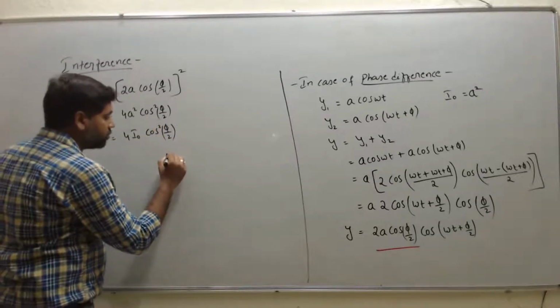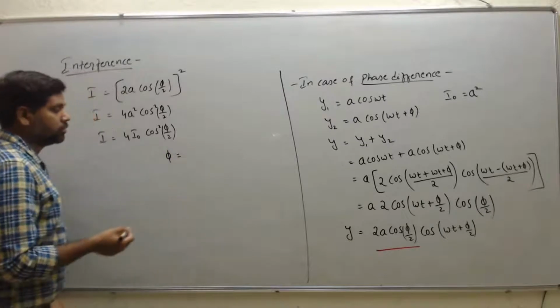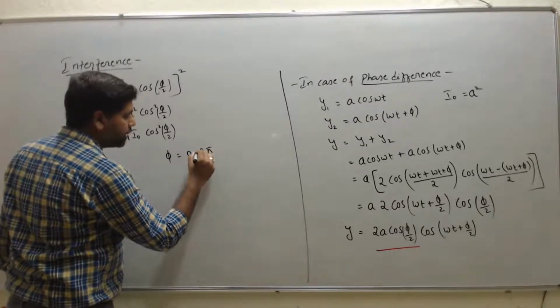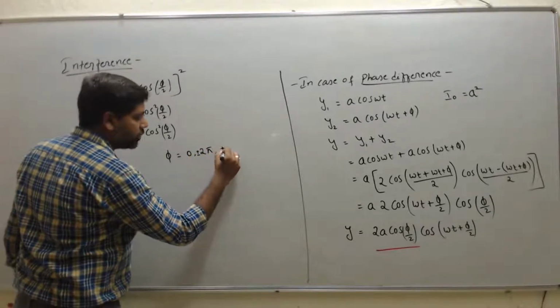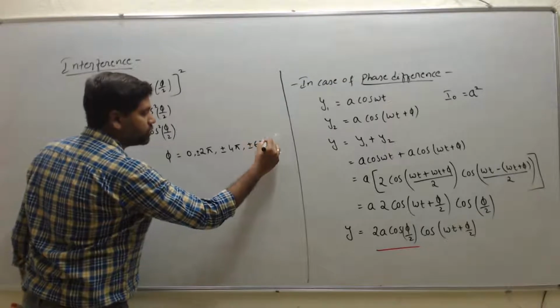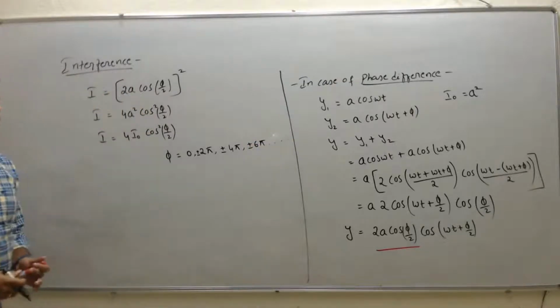So if pi is equal to 0, plus or minus 2 pi, plus or minus 4 pi, plus or minus 6 pi, and so on.